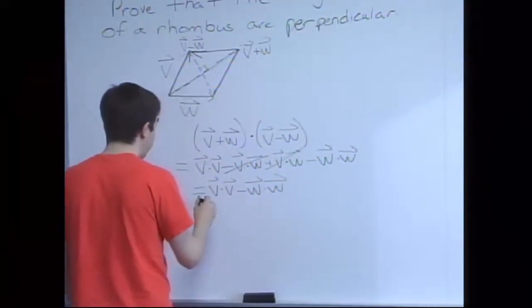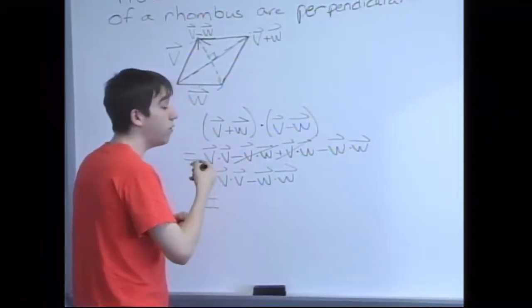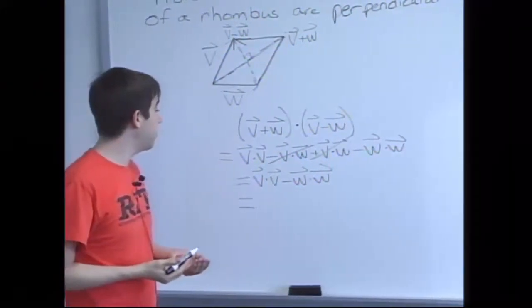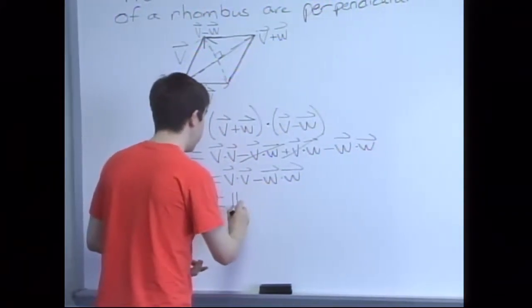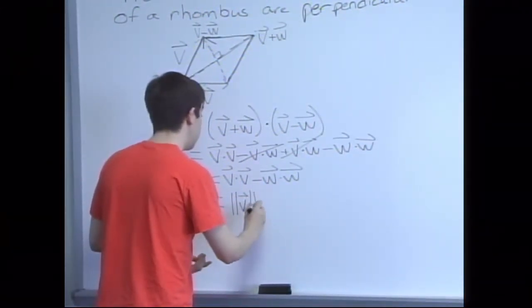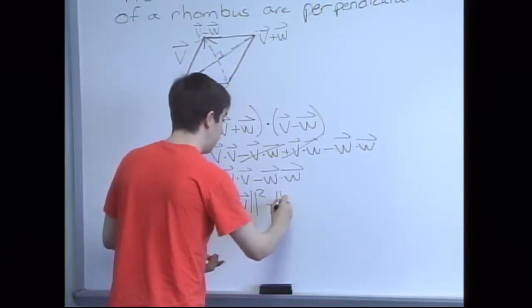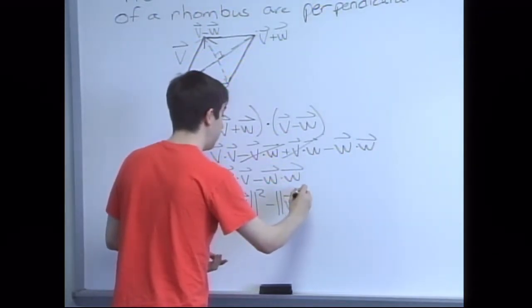Any vector dotted with itself gives you the magnitude of that vector squared. So this is the magnitude of v squared minus the magnitude of w squared.